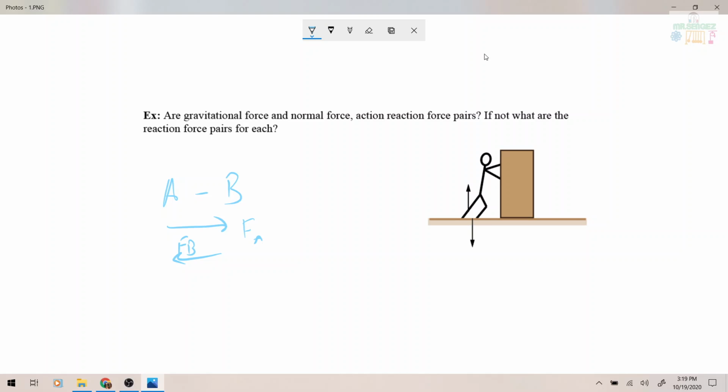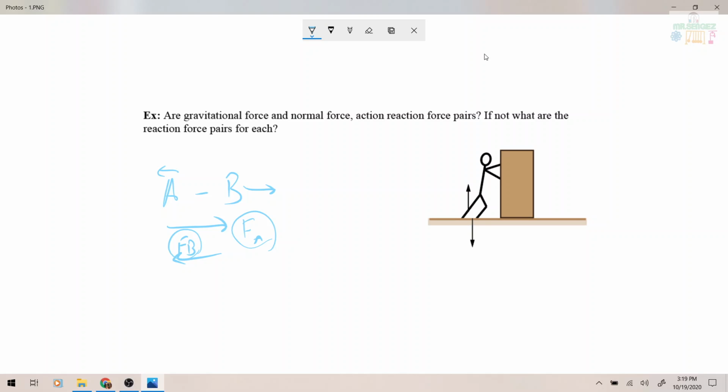As you can see, this F_A acts on B and this F_B acts on A. So action-reaction pairs act on two different objects, they're going to be in opposite directions, and they're going to be equal to one another.